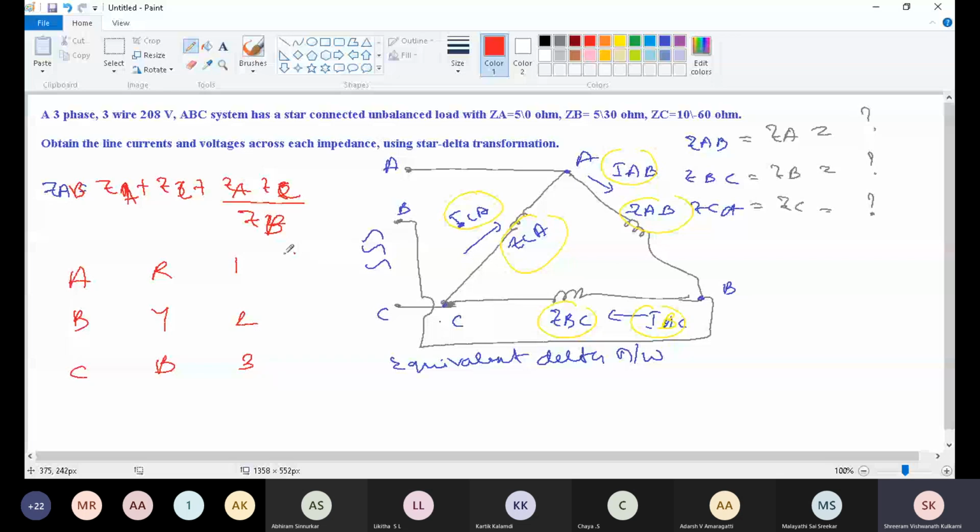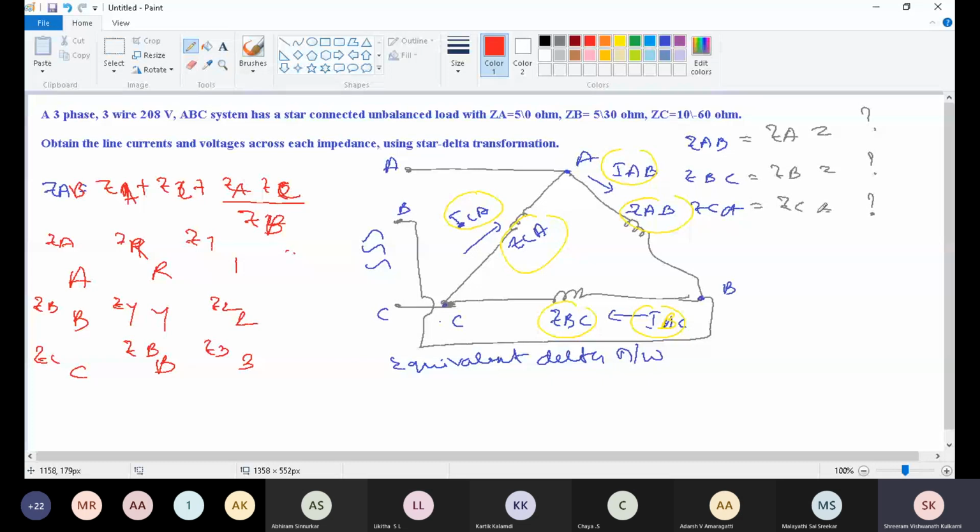Now here I can write this one as ZA, ZR, Z1. This one ZB, ZY, Z2. This one ZC, ZB, Z3. Okay, calculate ZA, ZB, ZC. We will get some values.